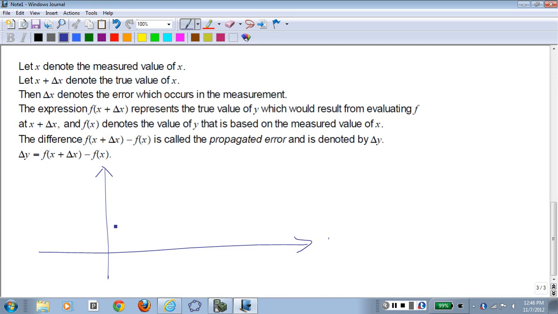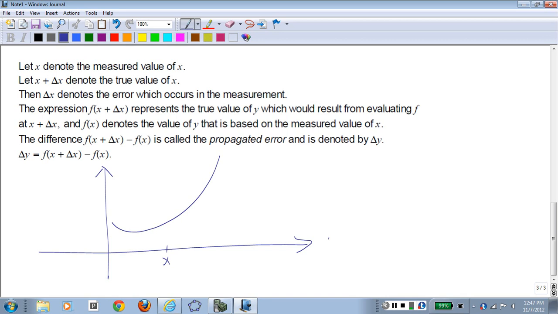There's some function, and we measure, and we come up with a value of x, and that is the measured value of x. It may not be the exact value of x. We may be off by as much as delta x. Worst case scenario, the true value of x is delta x units away from this. So the true value of x is x plus delta x.